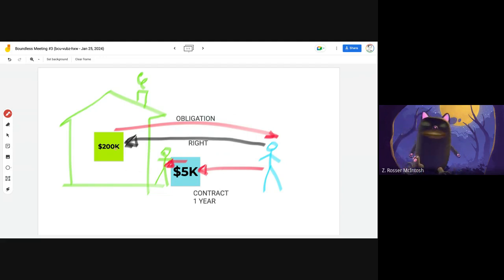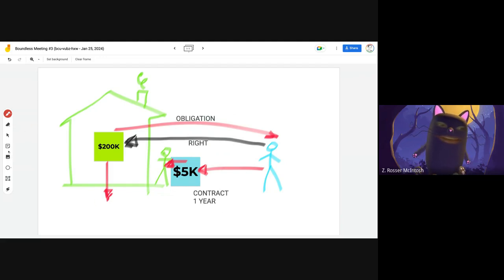And if housing prices go down, you get to keep the $5,000 because you having sold me this right. If the house goes down in value, then why would it make sense for me to exercise a right that I paid $5,000 to have?